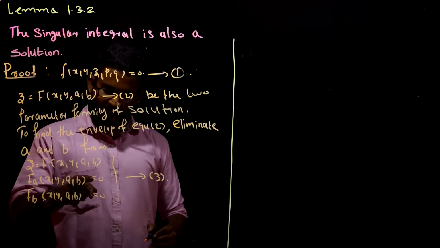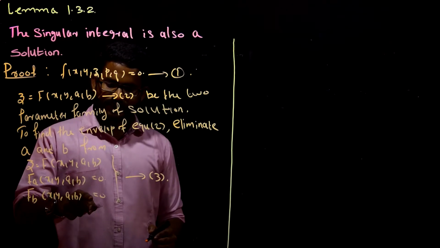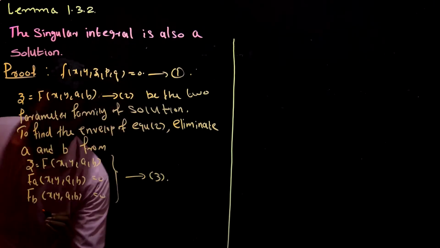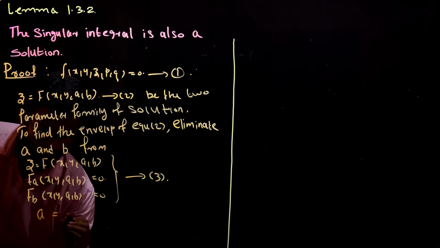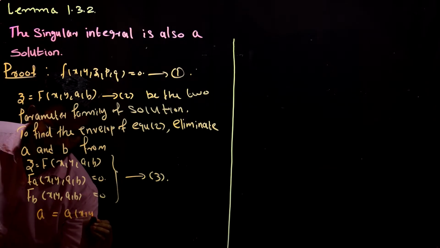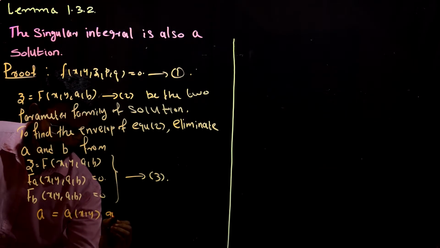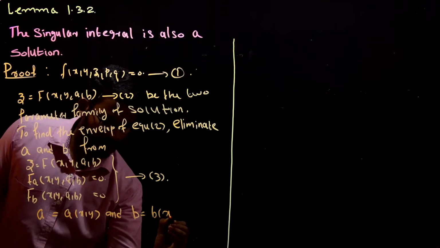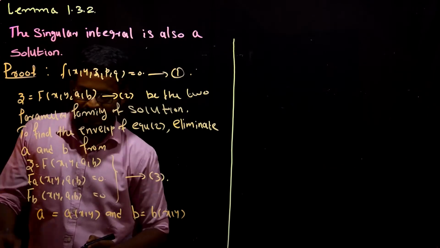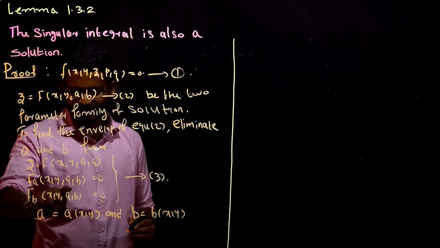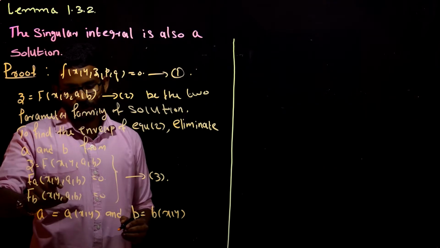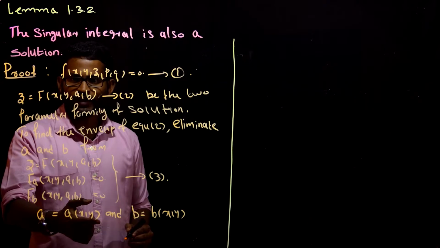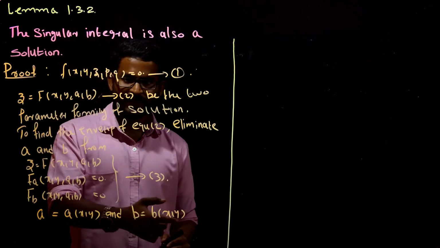By solving these two equations, F a is equal to 0 and F b is equal to 0, we will get a equal to a of x comma y and b is equal to b of x comma y. That is, we will get a in terms of x and y and b in terms of x and y.